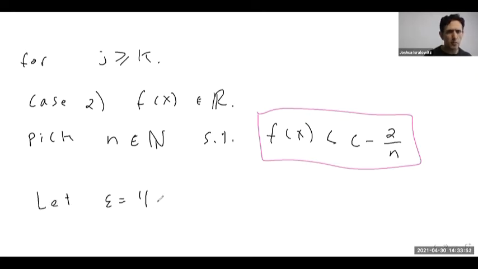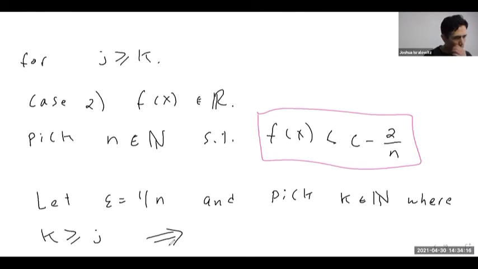So let's say epsilon is 1 over n, and pick a natural number k where j bigger or equal to k implies that |f_j(x) - f(x)| is less than epsilon.